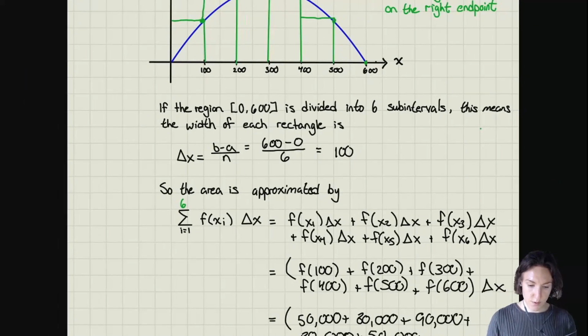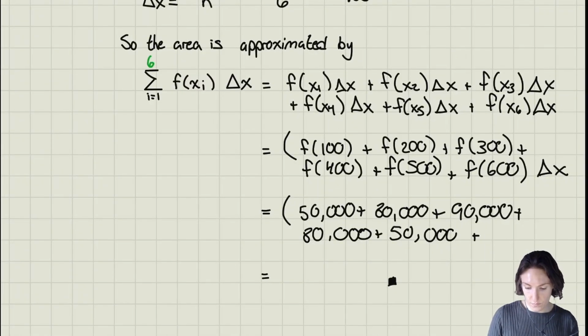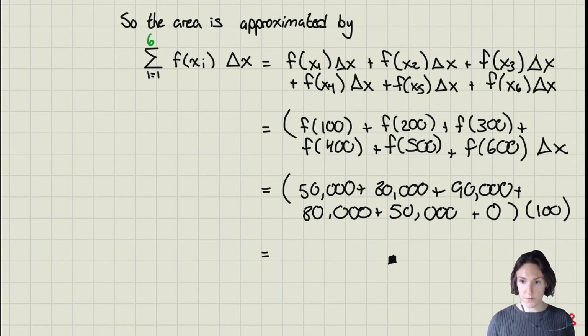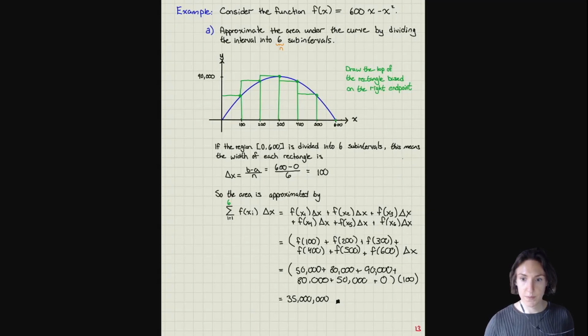And this last one here, without even plugging it in, I can see that it's going to be 0, because that curve goes back to 0. And what is my delta x? My delta x is 100. So if I add up all of these and then multiply by 100, I'm going to get 35 million as the approximation for my area.